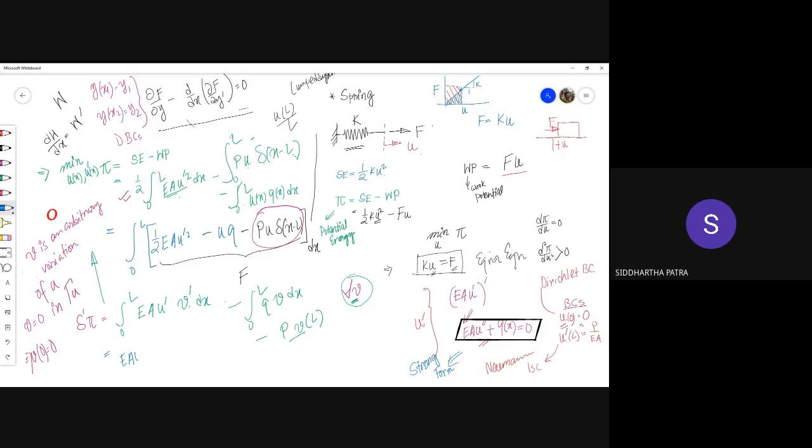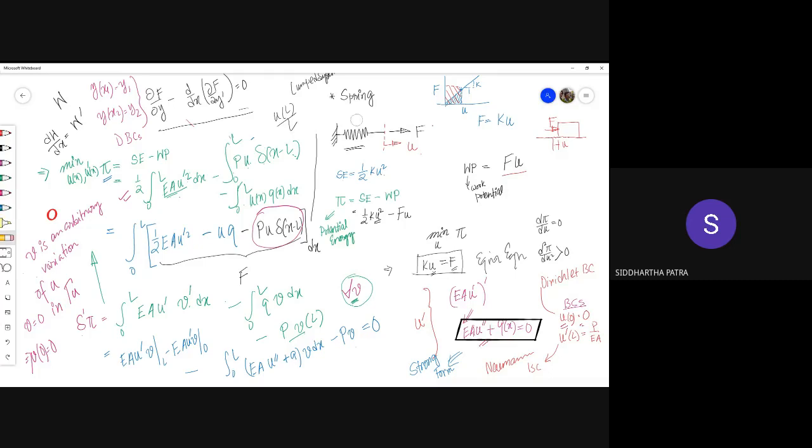So the first term would be EA u prime v at L minus EA u prime v at 0, minus the integral from 0 to L of (EA u double prime plus q) times v dx, minus p times v. And this first variation must go to 0.